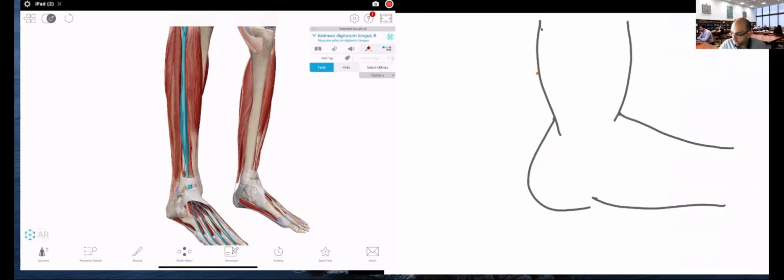Ankle has its angle posterior, like the knee joint. So if I am pulling the foot to move down, I'm located here, this is the muscle, is going to be pulling the foot downward. So we call this movement plantar flexion.